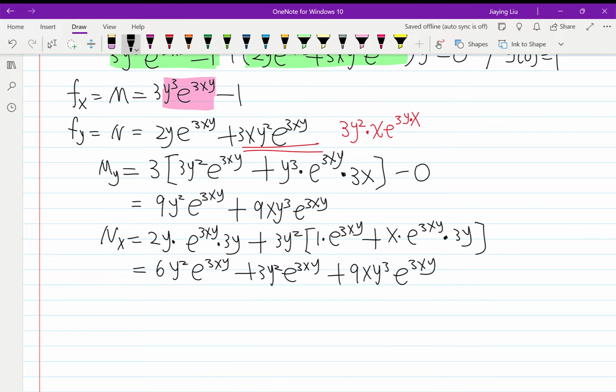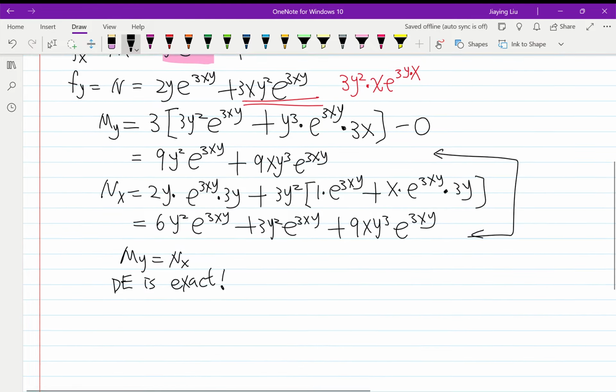It turns out that they're the same. So we get m sub y equals n sub x. So we know that the differential equation is exact.